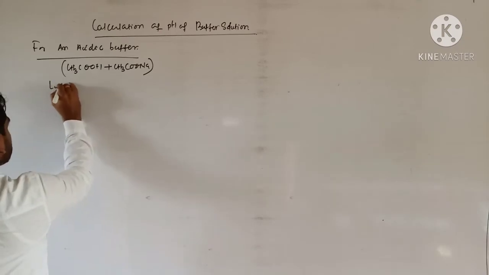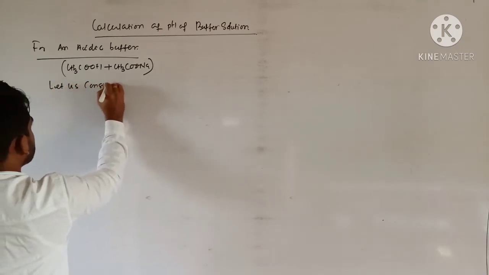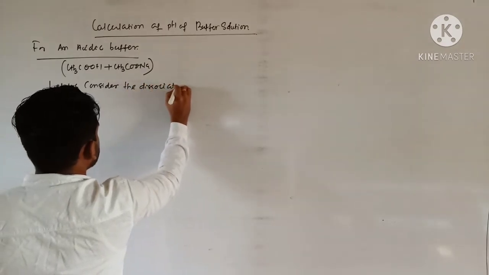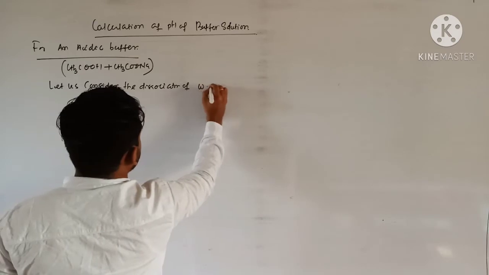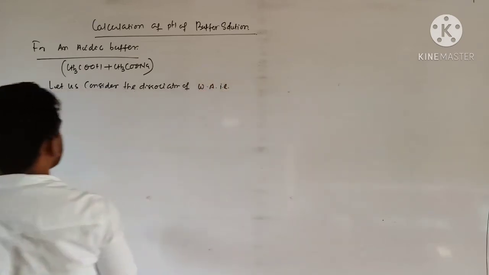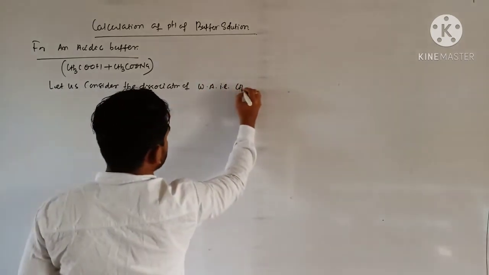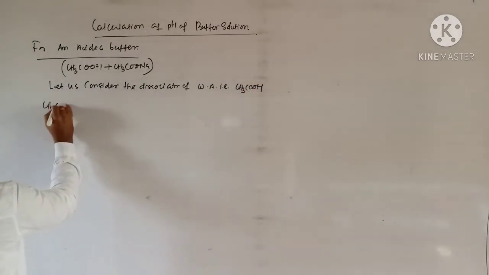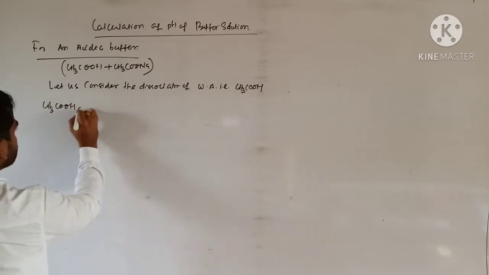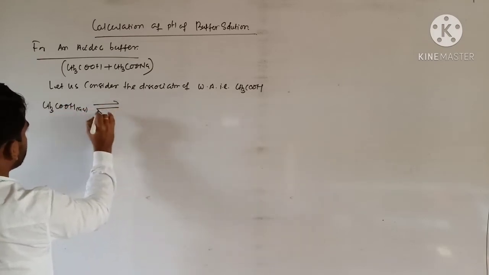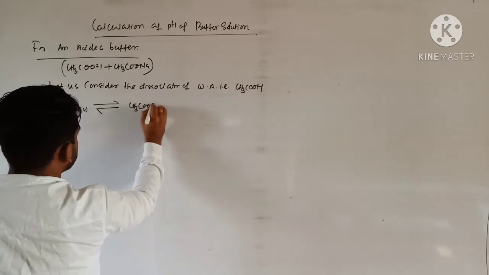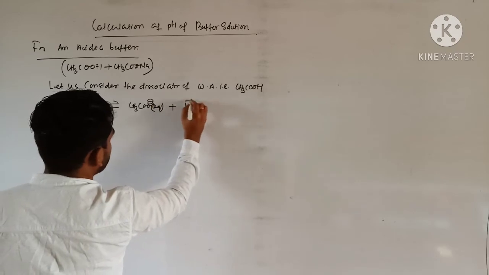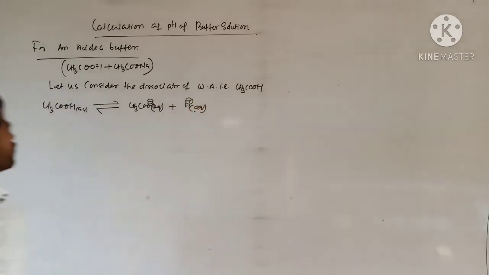Let us consider the dissociation of weak acid, that is acetic acid. That clear? So CH3COOH gets dissociated into CH3COO minus plus H plus. That clear?